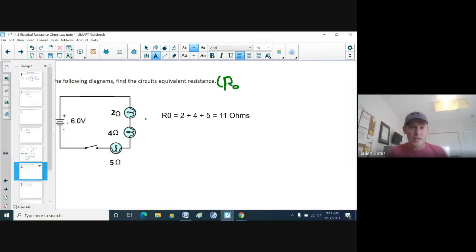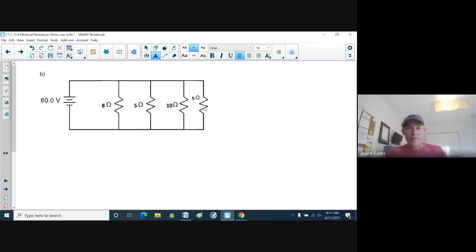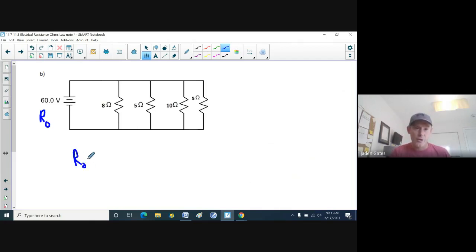So now here we get to the tougher one, where we have 4 resistors here in parallel. So again, I'm going to use my formula to find R0, the equivalent resistance of the entire circuit. So R0 is equal to, now I better put in brackets here, first resistor is 8, so I'm going to have a 1 divided by 8.